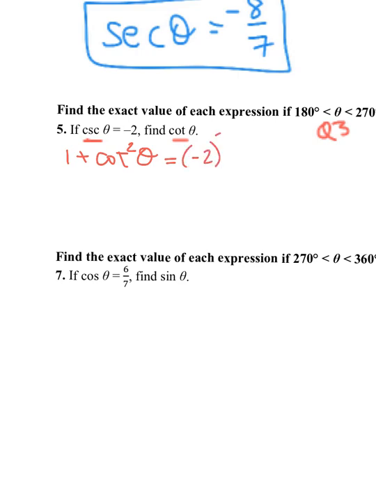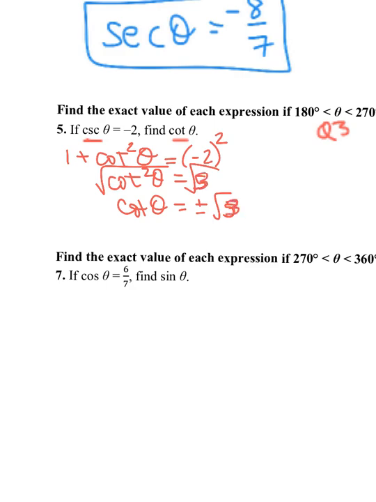So cosecant of theta is -2, so I'm going to square that. And solving for cotangent squared, that gets me 3. Square root both sides, and I get cotangent of theta is equal to plus or minus rad 3.